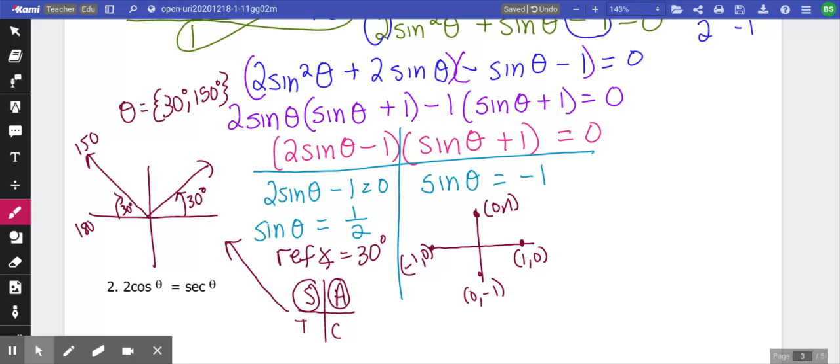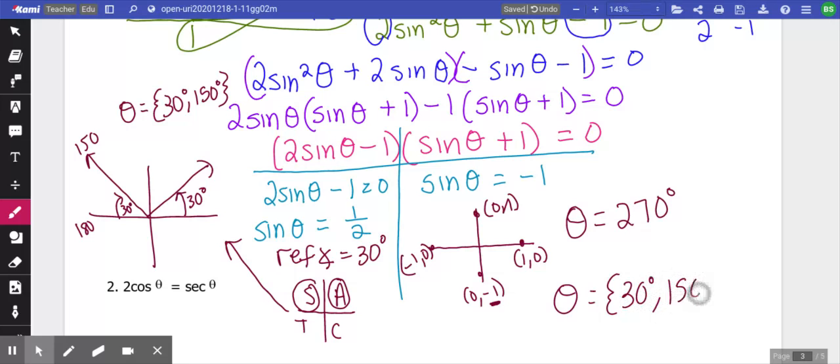Okay, I want to know when sine theta is equal to -1. Well, sine is the y value, so it's equal to -1 at 270. All right, so putting those all together, theta is equal to 30, 150, and 270.